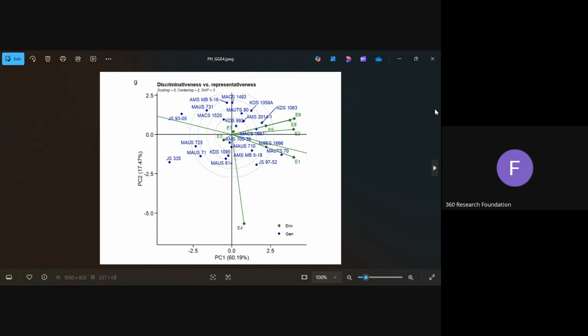So among the vectors, this interpretation will be the same. All these environments, 2, 6, 5, 8, these 4 environments are suitable for evaluation of genotypes.